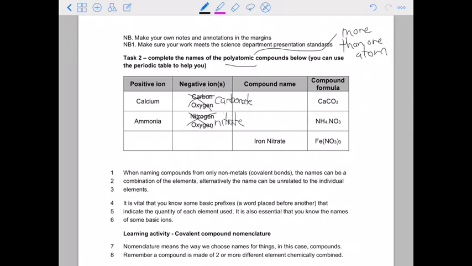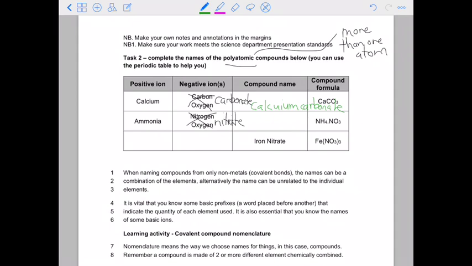So knowing that, I'd like you to give a guess as to what the compound name might be if you mixed a calcium ion and a carbonate ion. If you've said to yourself, isn't that calcium carbonate? You are correct.